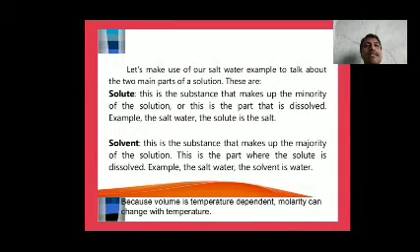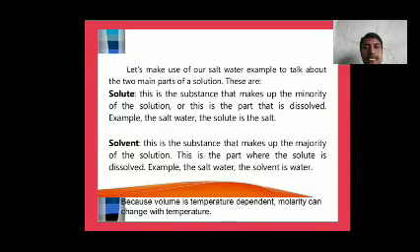Solvent is the substance that makes up the majority of the solution. This is the part where the solute is dissolved.